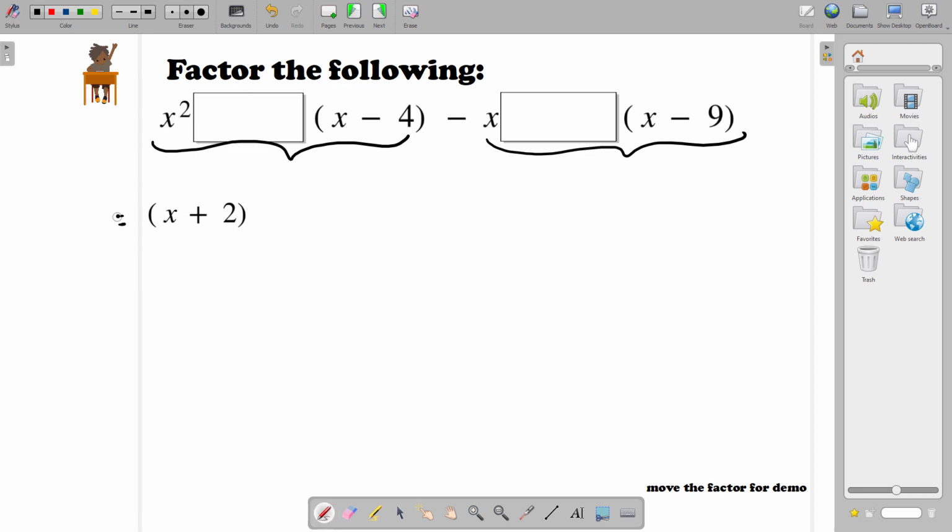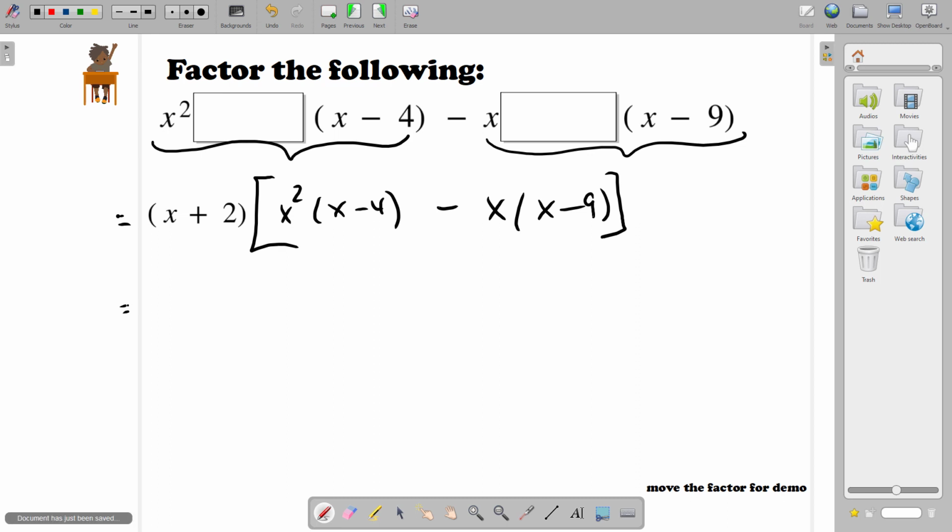So what ends up being left is x squared times x minus 4 minus x times x minus 9. So you sort of visually take that factor out of each of the sets, and when we do, we look at what's left over once we factor out the factor that we divided out.